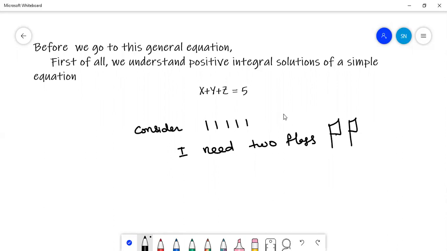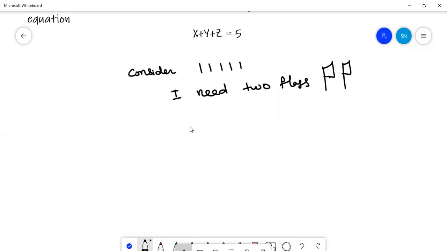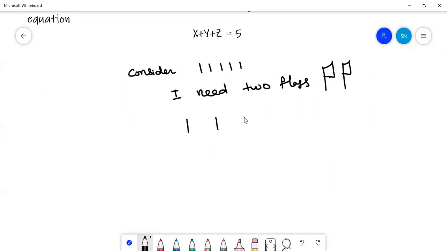So how can these flags help us get the positive integral solutions of this equation x plus y plus z equal to 5? Let me elaborate. 1, 1, 1, 1, 1. For example, there are 4 places here. I kept one flag here and one flag here.